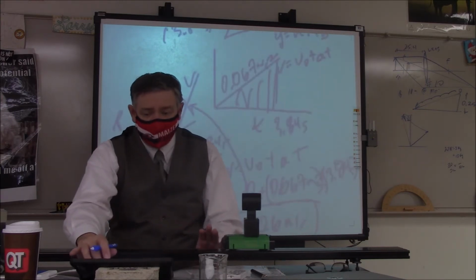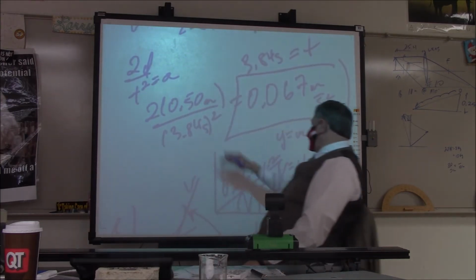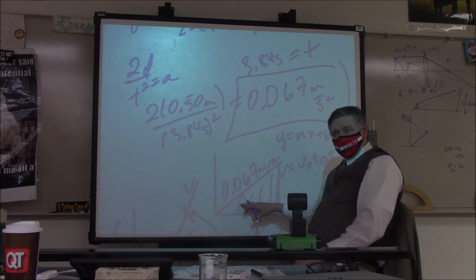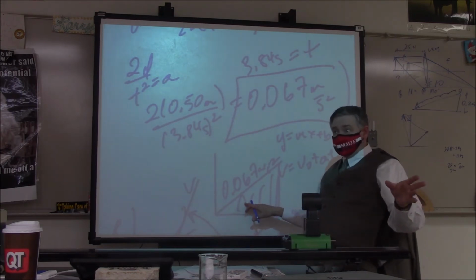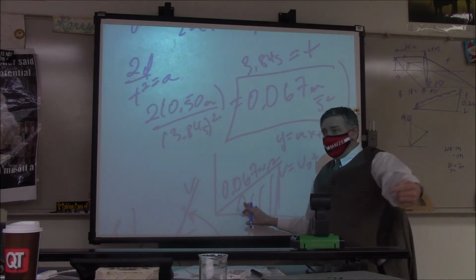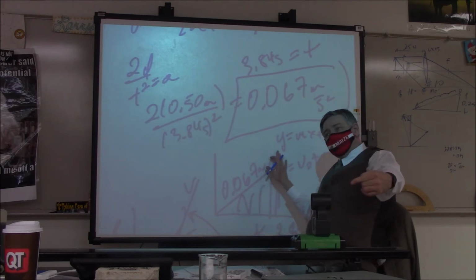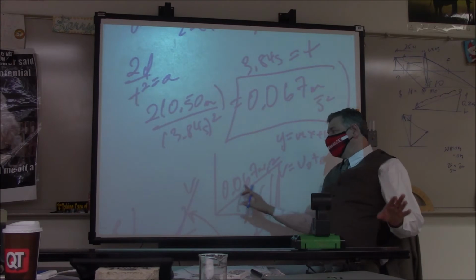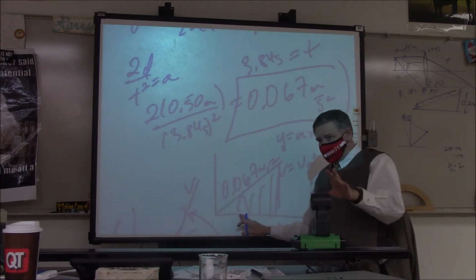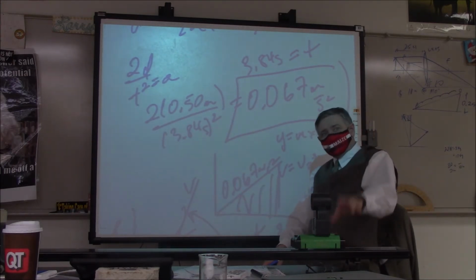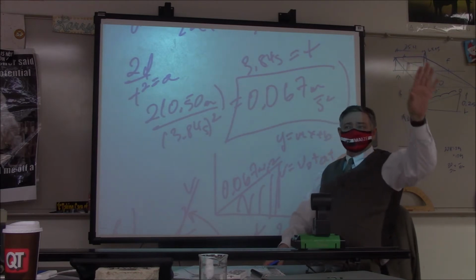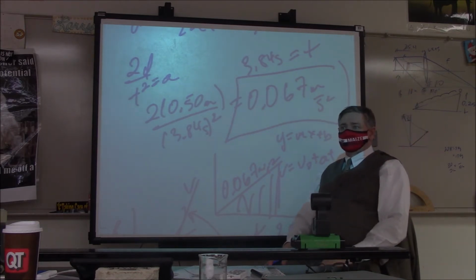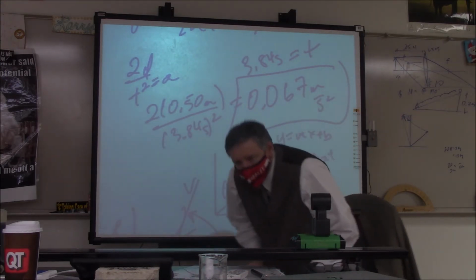Then you would have a shallow slope on your velocity time graph because you had a smaller acceleration. But when you kicked it into high gear, it would become a steeper slope because you've changed the force. So the only way to change the slope of your velocity time graph is to change your acceleration. The only way you can change the acceleration is if you change the force. Got it? Good?